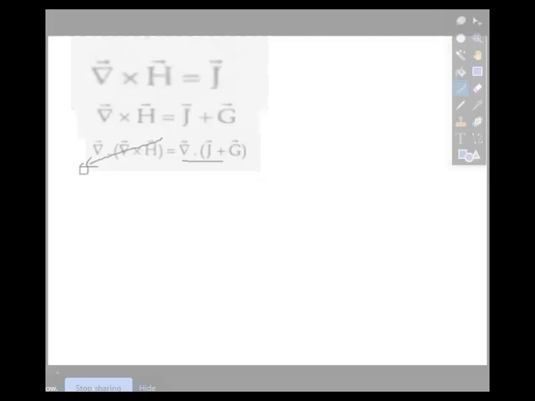So del dot (J plus G) is equal to 0. Now we will expand this equation and open the bracket.